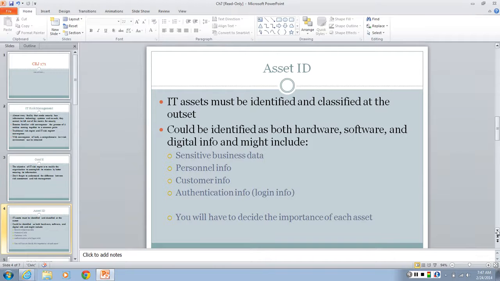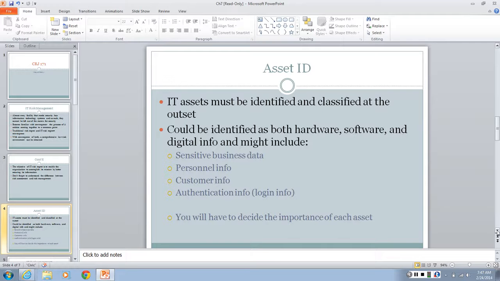And we also secure authentication information, and that's basically login information. That's the way that most IT platforms are vulnerable, is because we allow so many people access into them by having a set of credentials to log into the system in order to manipulate, pull off, add to or change information on the system.